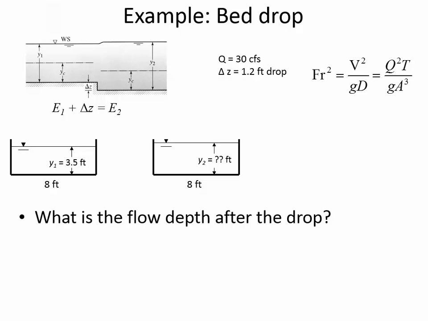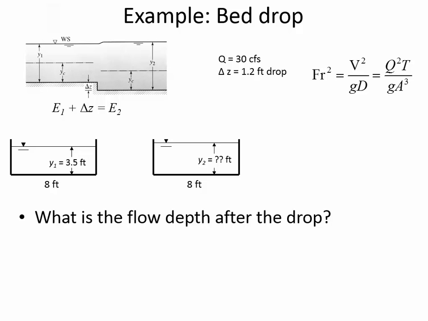If I multiply each term by y2 squared to get it out of the denominator here, then I'll have y2 cubed minus 4.718 y2 squared plus 0.2184 is equal to 0. And I need to find the roots of this equation.